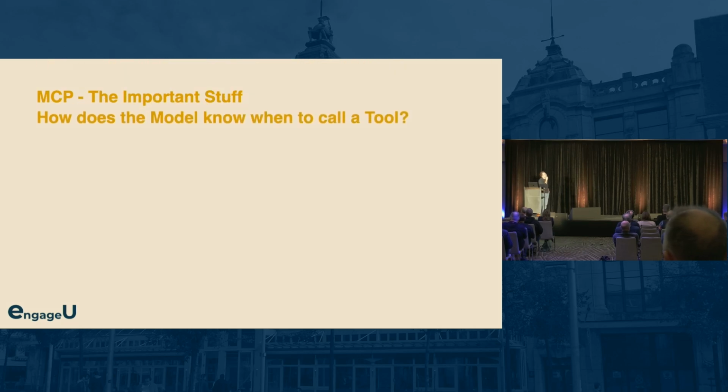Which brings up the question, how do we make it so that the model will pick the right tool for the job? And that comes down to what's called prompt engineering or instruction writing. There are different terms that really mean the same thing, right? You as a developer are responsible for writing the right instructions. These instructions become part of that context, right? The C in MCP, the thing that the AI application needs to know about the capabilities.